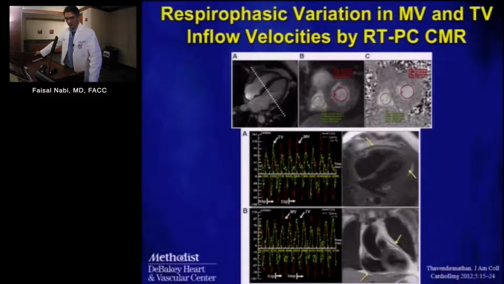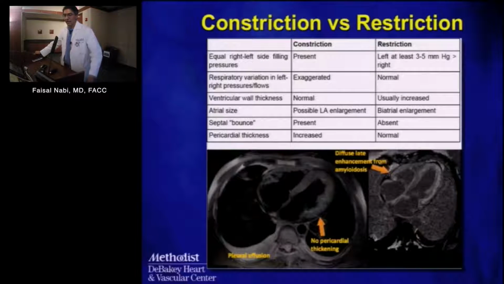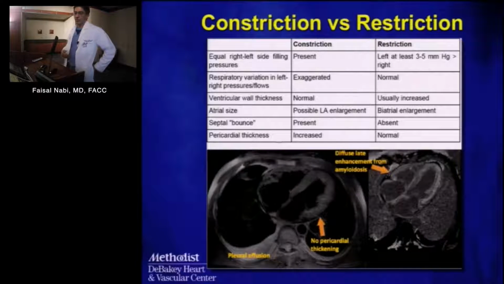There are sequences now which are real-time phase contrast CMR, which again, phase contrast CMR is our echo Doppler, and we can actually look at mitral and tricuspid inflow velocities, and similar to echo, try to diagnose respiratory variation across those AV valves.